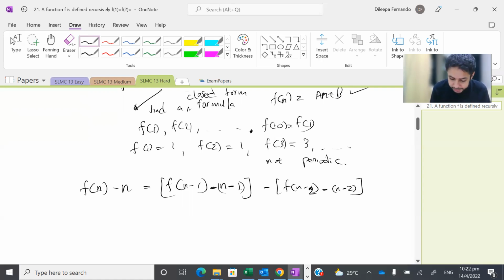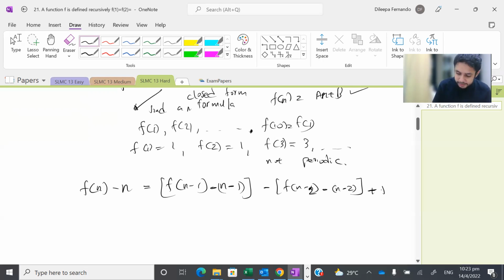You have another 1, 2 minus 2, 1. 1 minus 2 is minus 1. So you can see there's a minus 1 additional. This minus 1 can be balanced by a plus 1.